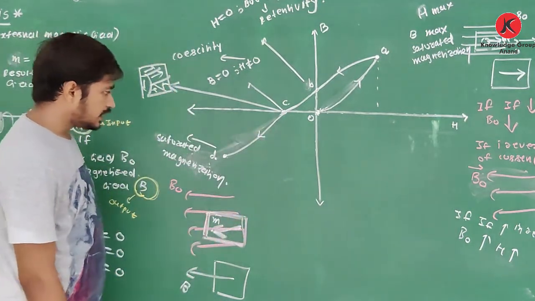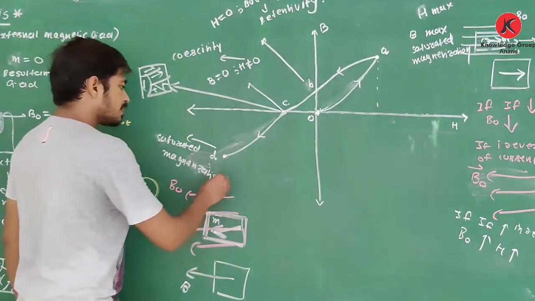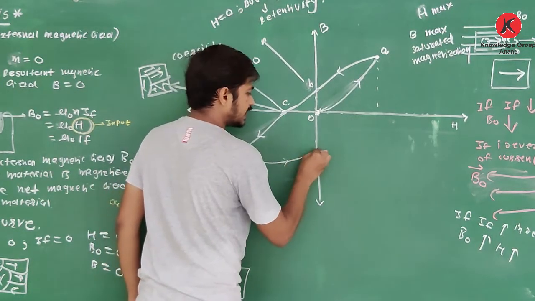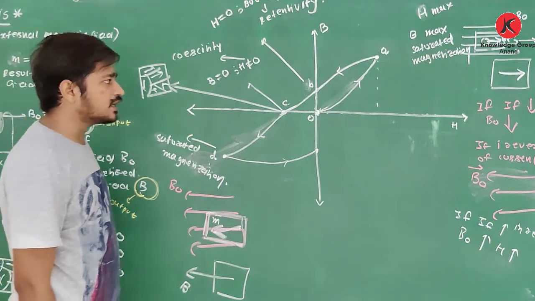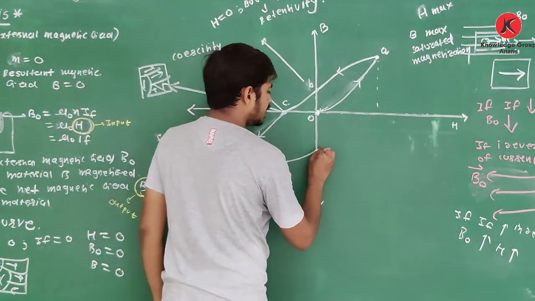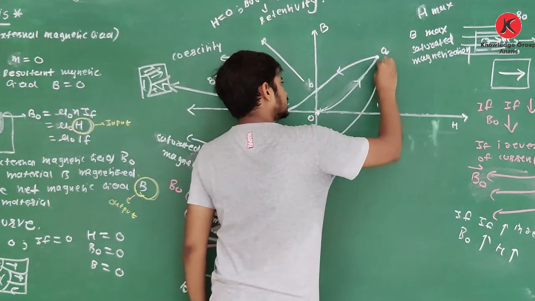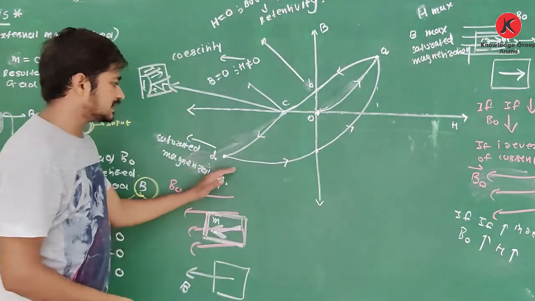If now we decrease the value of the current, then the magnetic field also decreases. At this point, again, the magnetic field is not zero, but the value of the current is zero. And if again we reverse the direction of the current, the magnetic field increases. Clear? So this part is simple.